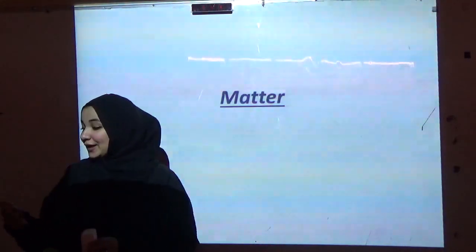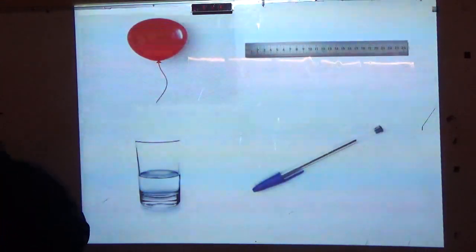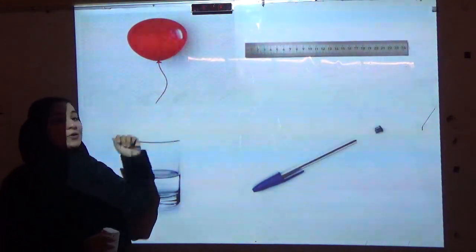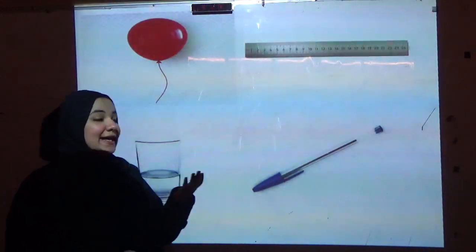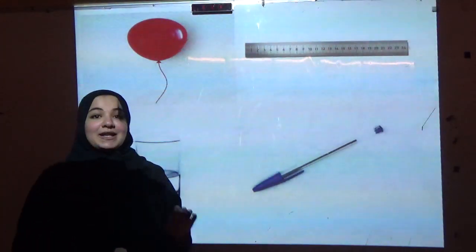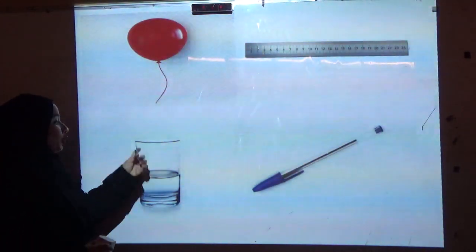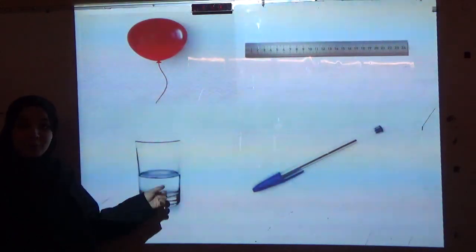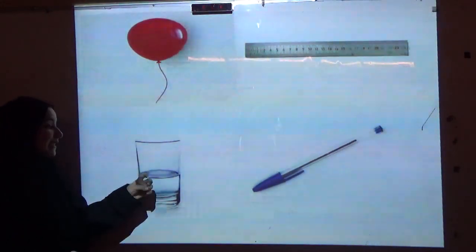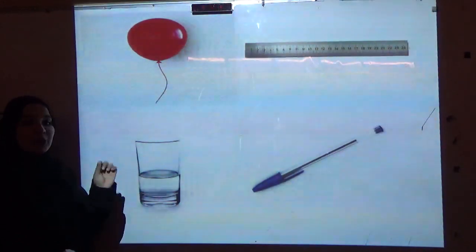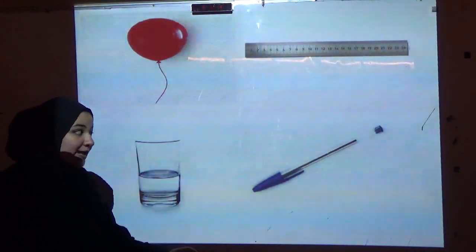So now if we discuss these pictures, the balloon, we said that the balloon has mass and occupies a certain space. Also this glass which contains water has mass and occupies a certain space.